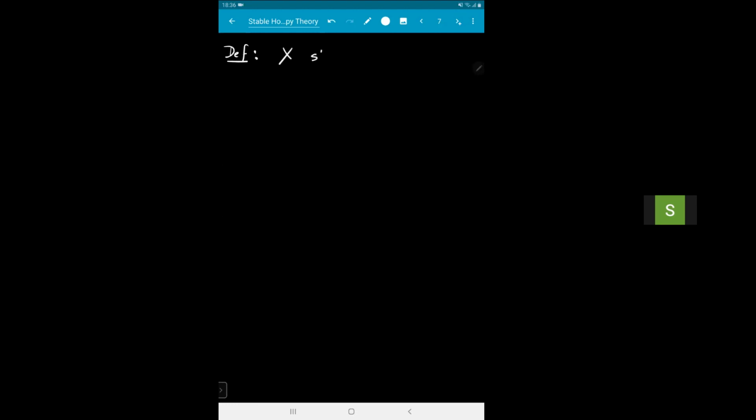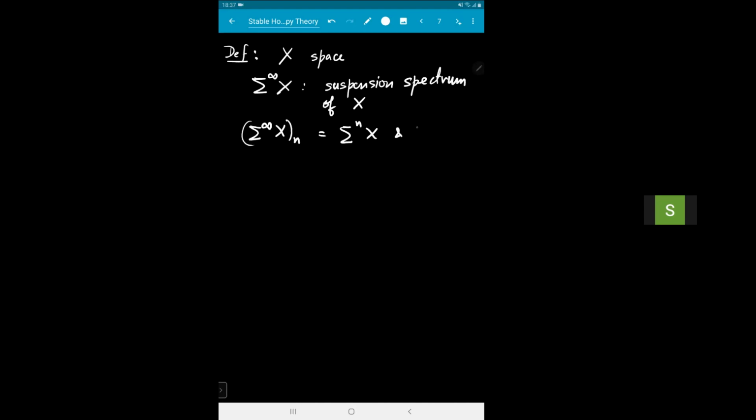If X is a space, then you can define Σ^∞ X, the suspension spectrum of X. That's defined by (Σ^∞ X)_n = Σ^n X, and the structure maps are just the identity. You see, Σ of Σ^n is Σ^(n+1).